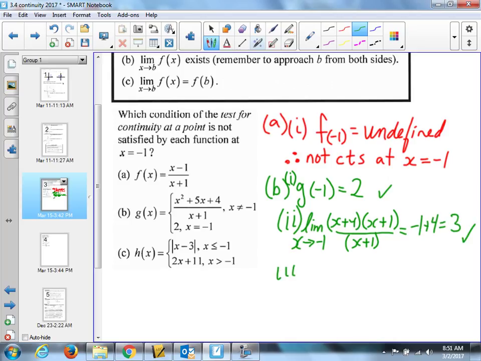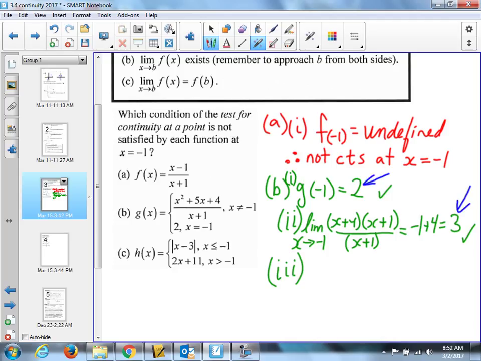Third condition. From the left or the right, it's true. What was the third condition here? The limit has to give me the exact same value. So what am I saying? The exact same value as the function. 2 and 3 are not equal, right?